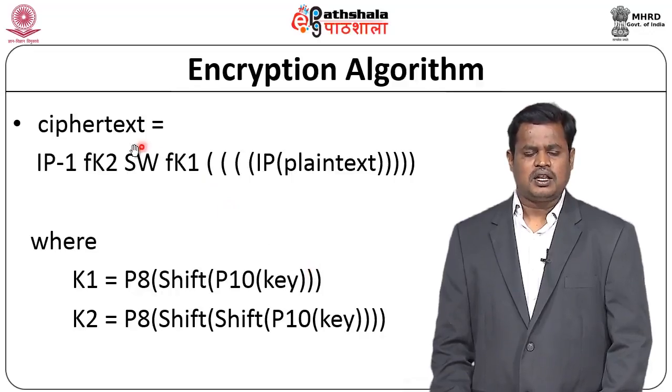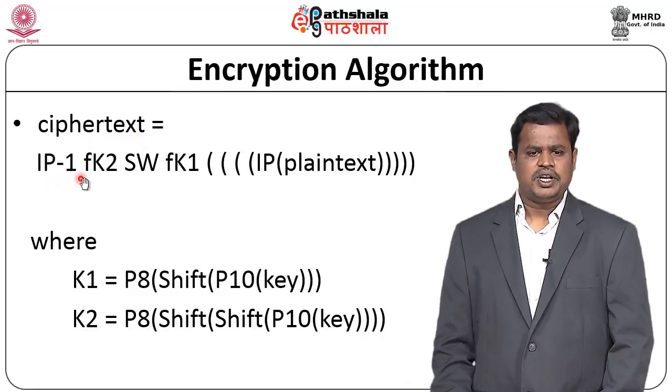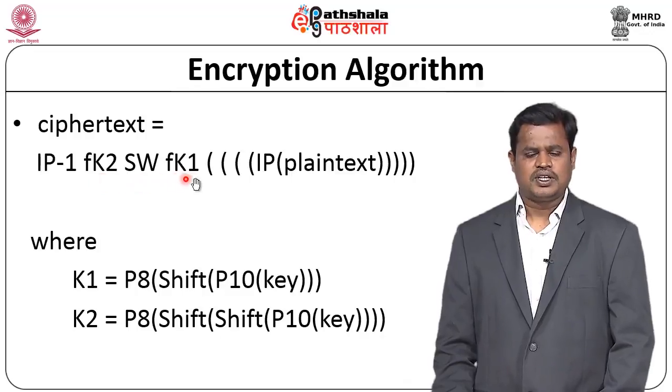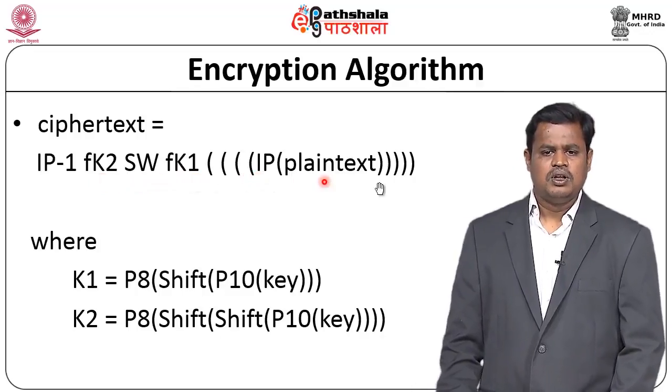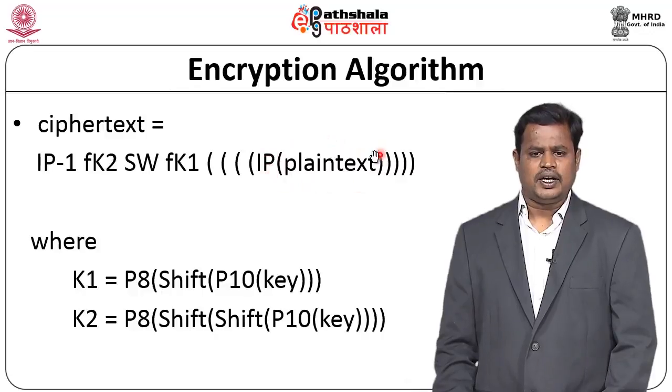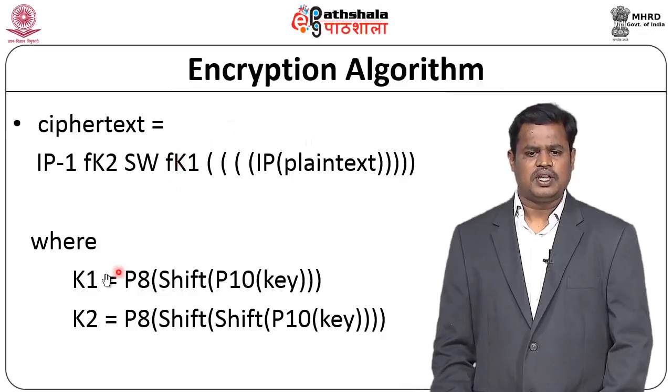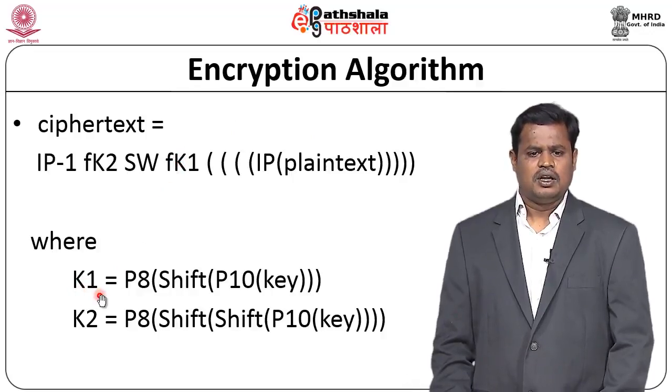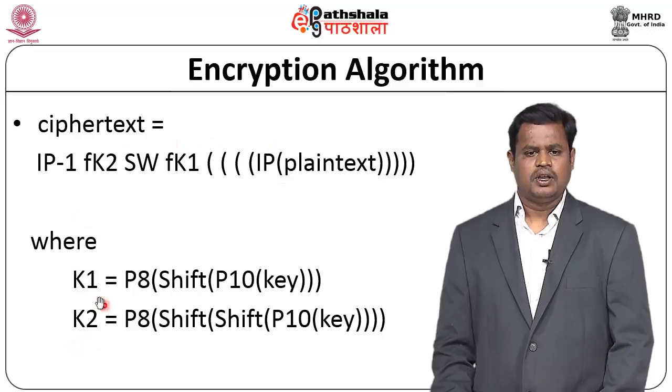The encryption algorithm, how we generate the ciphertext, is the initial permutation inverse of function K2, of the swapping function, of function K1, of the initial permutation. First I apply the initial permutation to the plain text, then I apply function K1 with the help of key 1, and swapping, then I go for function K2 with key 2, and the inverse permutation is the last step.